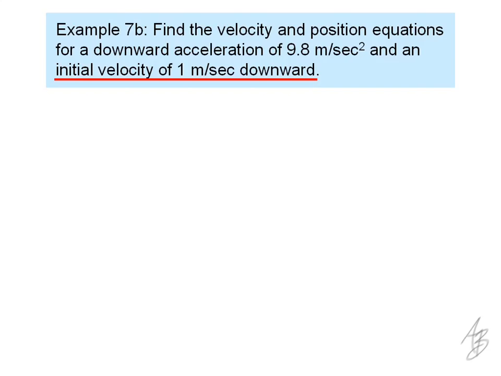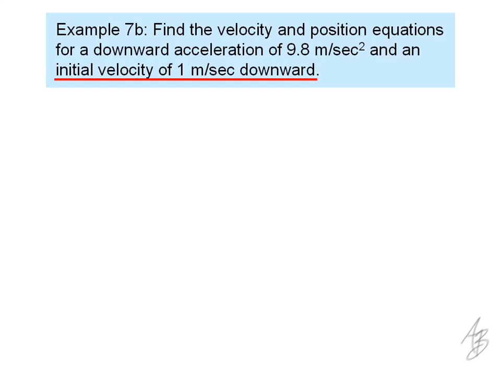The first thing we want to do with a problem like this is set up some parameters here. We want to decide which way is going to be positive, which way is going to be negative. It really doesn't matter which way we do it. We can say that up is positive, and we just have to make sure that we're consistent with it, or we can say down is positive, and we just have to make sure we're consistent with it. Both have advantages. Up is kind of the natural positive because up is usually positive, right?